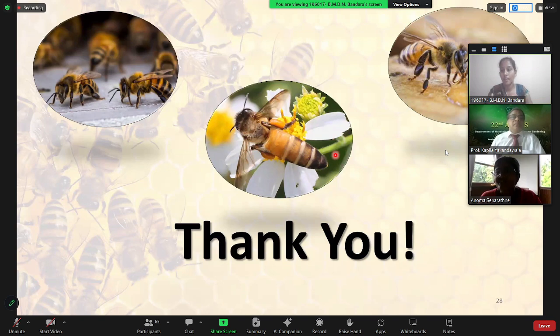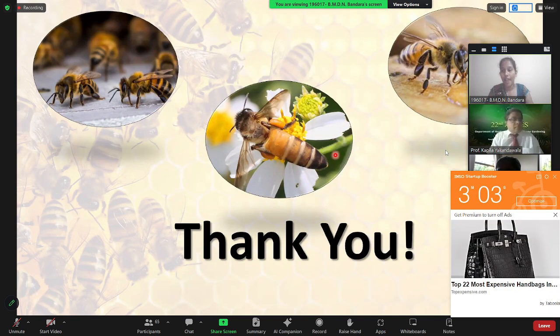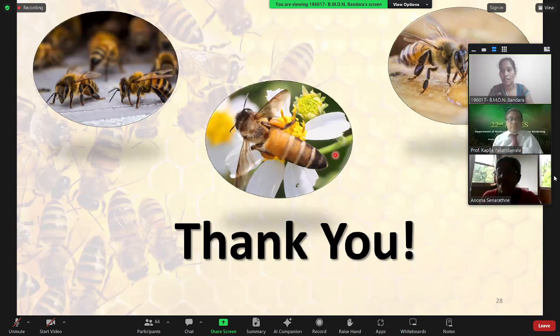Some adulterants are water, mainly water, but some companies, small-scale people, also add some chemical compositions. They are adding these chemical components with the objective of enhancing the shelf life of the honey.